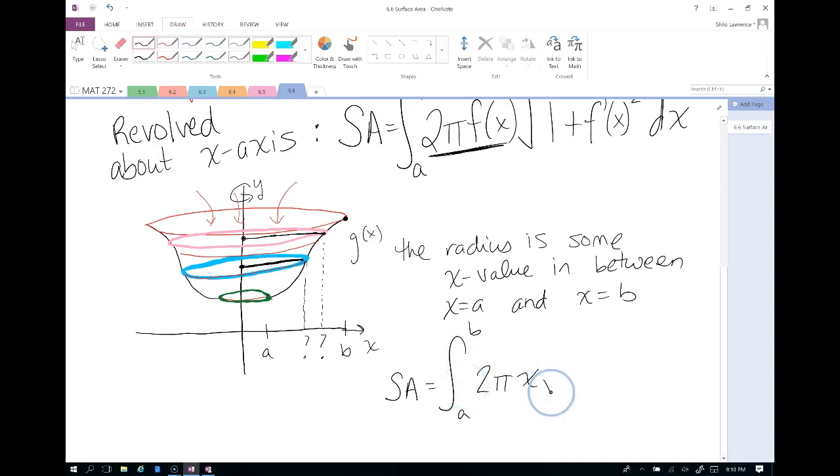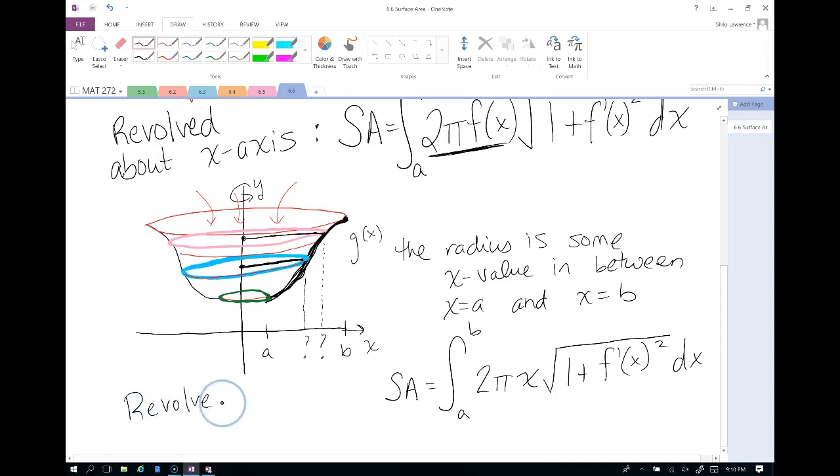And then at that same x value, we want to do this for every single x value along the arc length of that function. So we also have our arc length piece in there. So the only difference between these two formulas, this is when we are revolved about the y-axis.